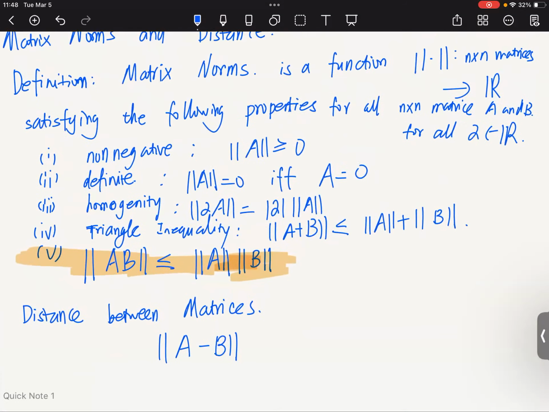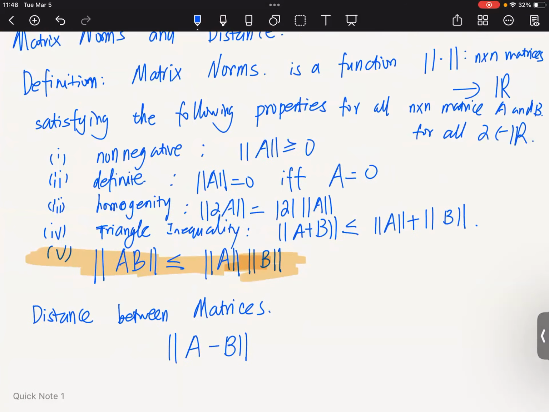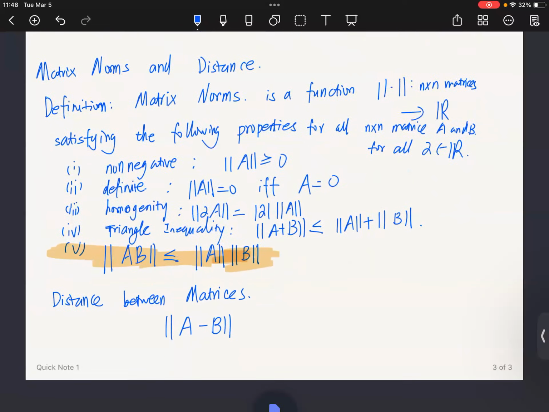And here I'm going to give you some conventional norms. There's one theorem here. I'm not going to prove the theorem, but it is in the textbooks I showed you before. There are 2 textbooks we are using, and in this part I'm using the second textbook. This is theorem 1, and it tells us how to calculate the matrix norm.